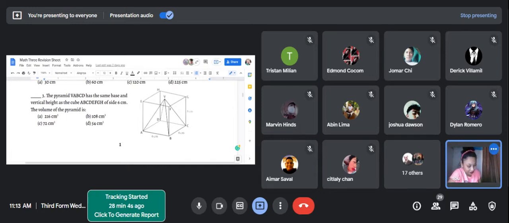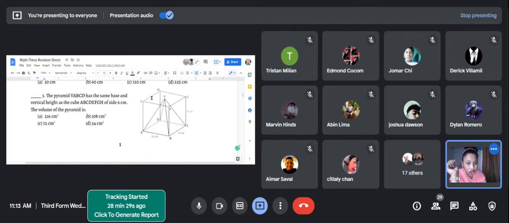Okay. Number 3. Number 3 reads as follows. The pyramid VABCD, and if you can see the pyramid in the diagram, the pyramid is right there, has the same base and vertical height as the cube ABCDEFGH.